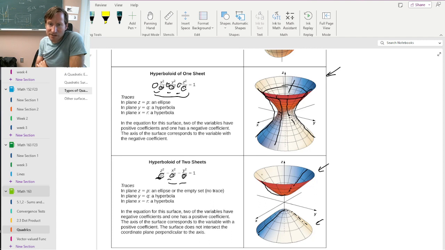So for a hyperboloid of 2 sheets, where we have these 2 separate pieces, we still have hyperbolic cross sections, right? For both of these hyperboloids, it's as if we took a hyperbola and rotated it, but the difference is which direction we rotate it, right? So for the hyperboloid of 2 sheets, I guess I should draw that one down here.